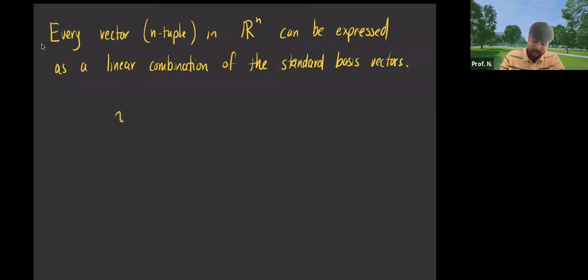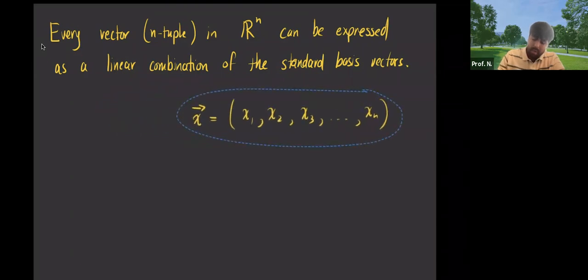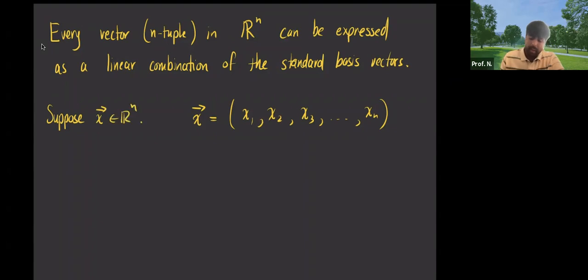So for example, if I have an n-tuple, right? x1, x2, x3, xn. So suppose x is living in Rn. Then x is an n-tuple.